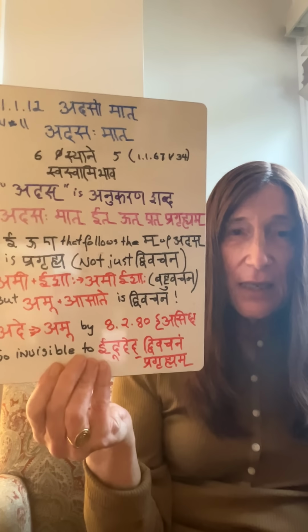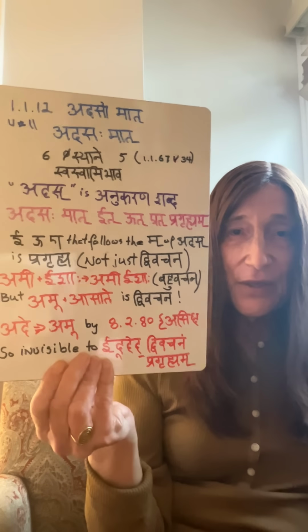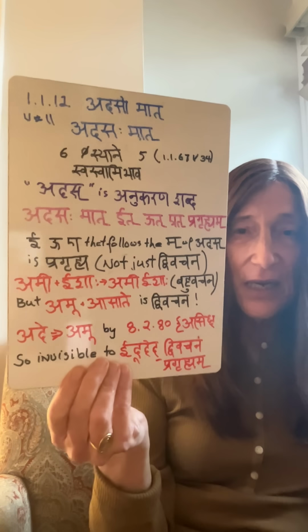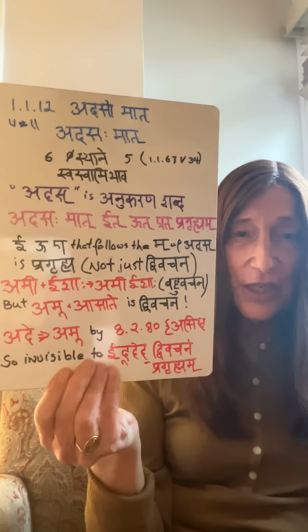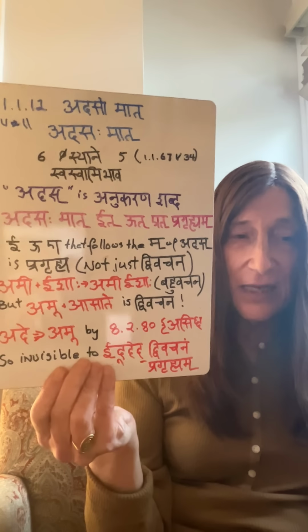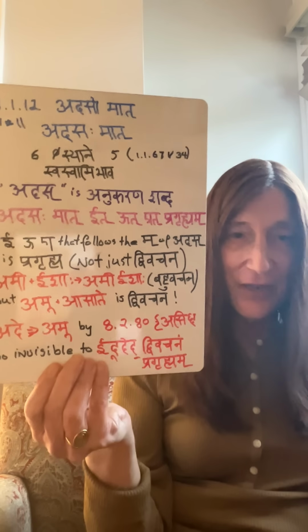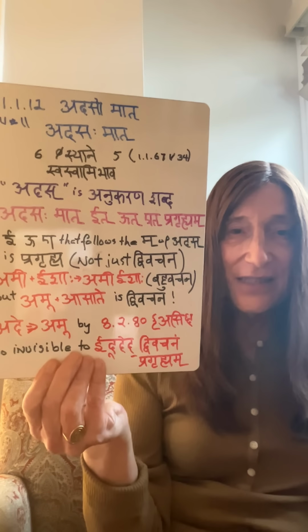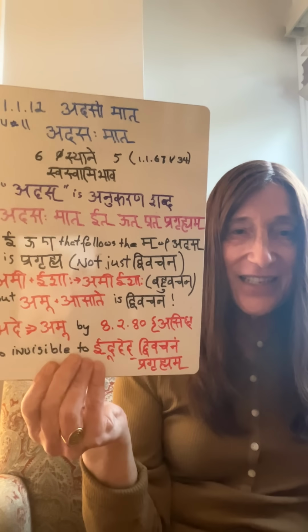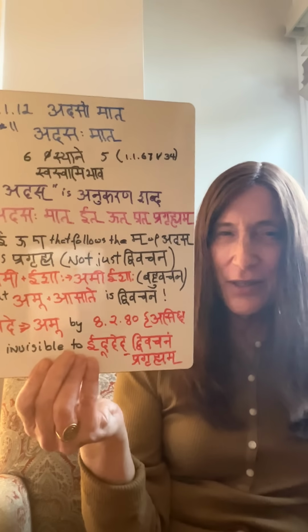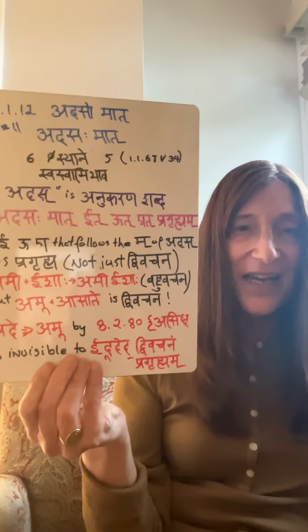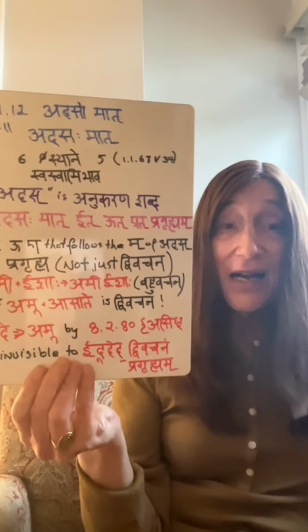Adasomat. Looking at this a little more closely, Adasaha Mat. Adasaha is Shashti of Adas. Now, we are very attuned to the idea of Shashti Sthane Yoga, so we're always looking around to see if this is Adasaha Sthane somehow. But it's not.